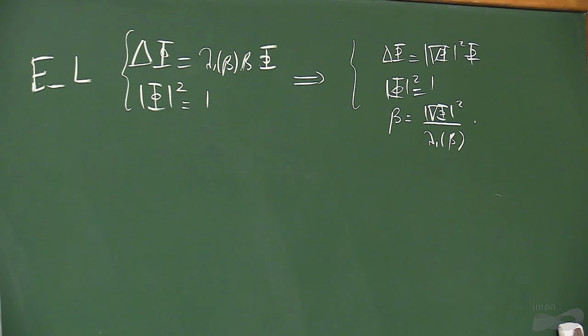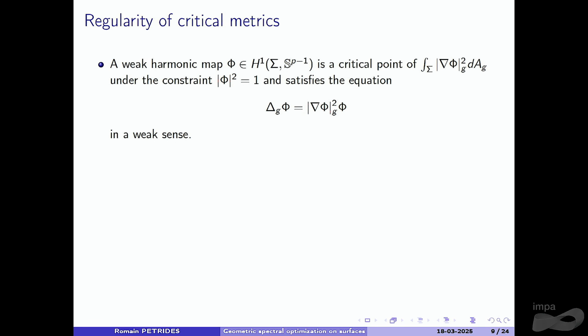The first thing I would like to do is to study this critical condition, so this PDE. Let me give you elements of analysis. As I told you, harmonic maps into some sphere are critical points of the Dirichlet energy under the constraint that the map is into the sphere.